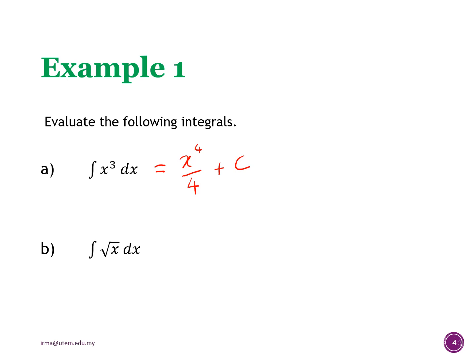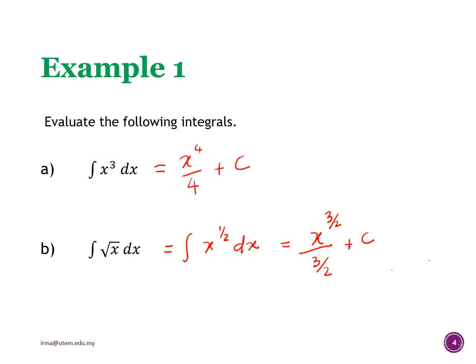Let's move to B. Integrate square root of x. You rewrite square root x as x to the power of 1 over 2, or x to the power of half. By using the same formula, you get x to the power of 1 over 2 plus 1, so you get 3 over 2, over 3 over 2, plus c.